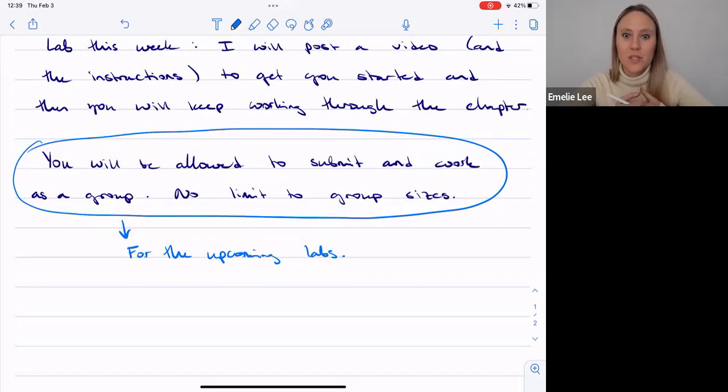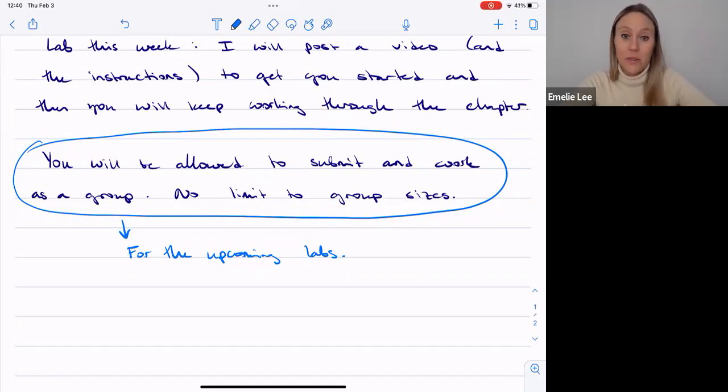It's very reasonable, but if you end up working with people, I would prefer that you only submit one document so I don't have to read the same document over and over and over again. It's a waste of my time, it's a waste of your time. But you are absolutely allowed to work on it by yourselves.